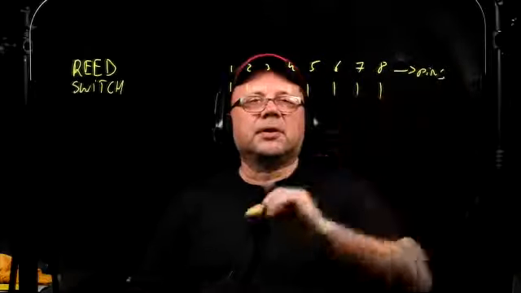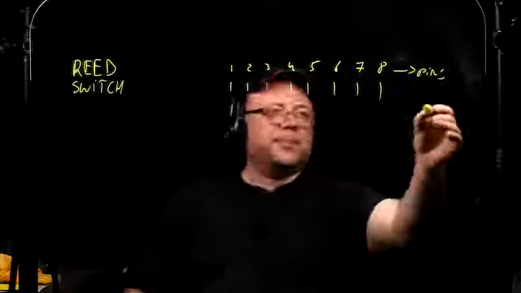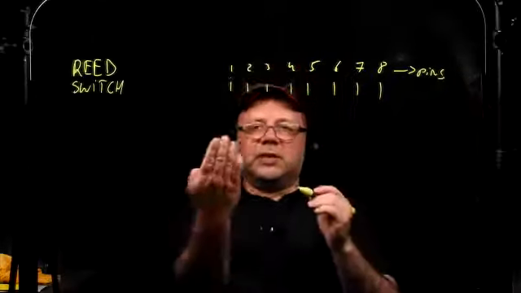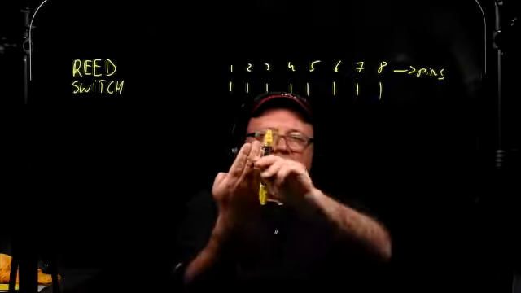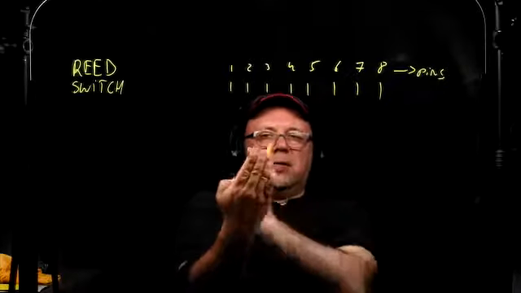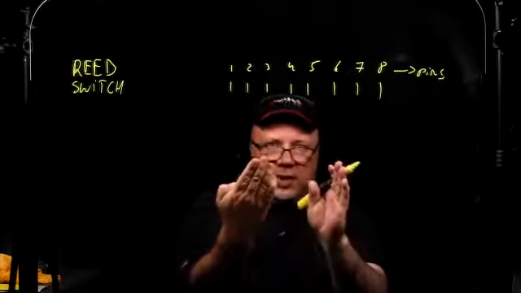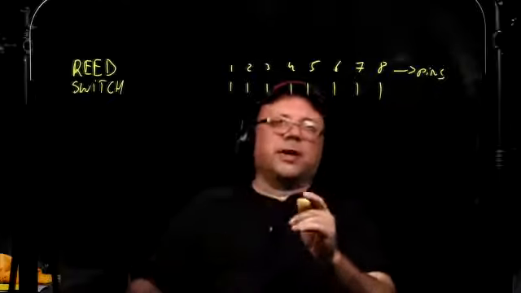Again, 1, 2, 3, 4, 5, 6, 7, 8. These are the pins. And we count them as we count them, holding the jack with the latching clip facing away, and we're looking at the prongs, 1, 2, 3, 4, 5, 6, 7, 8, counting from left to right, just as we write things.